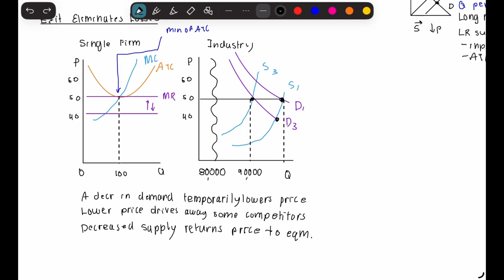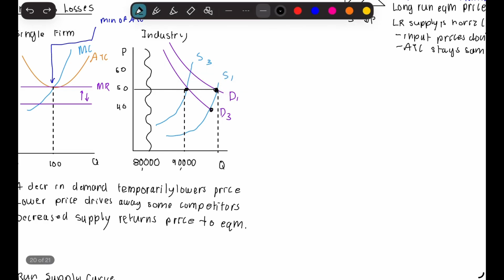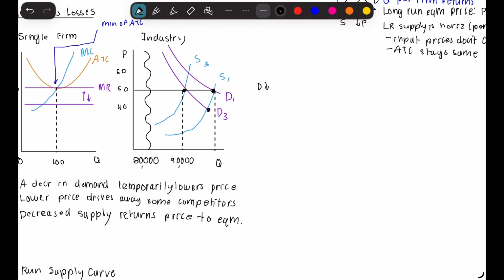So a decrease in demand temporarily lowers the price. A lower price drives away some competitors, and decreased supply returns the price to equilibrium. If your demand decreases, that means your price is going to decrease, and the firms earn losses. That means P is less than ATC, and some firms exit the market in the long run.